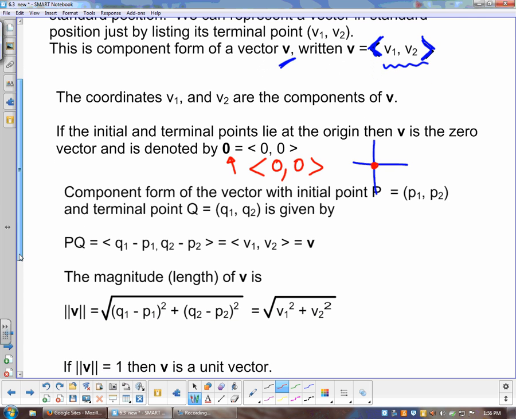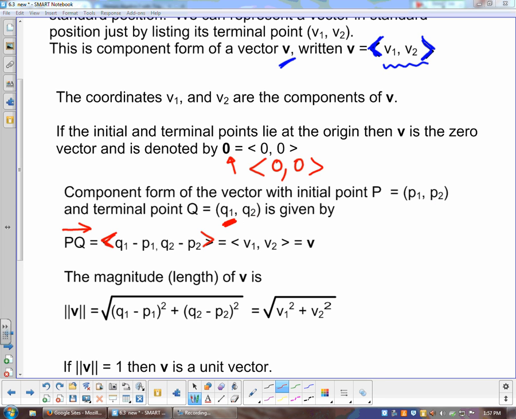How about the component form of the vector with the initial point P equaling P1 comma P2 and terminal point Q, where the ordered pair is Q1 comma Q2? Vector PQ is going to be, you're going to again use these vector braces, and you want the difference in the x's.